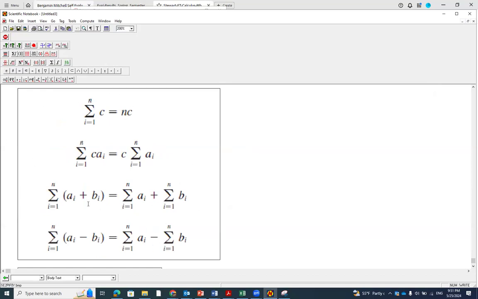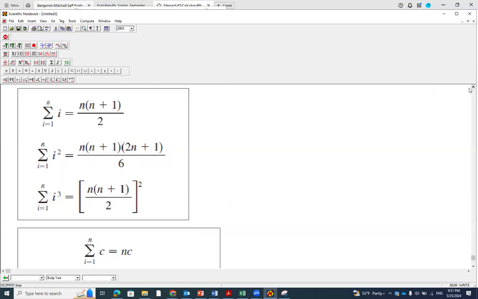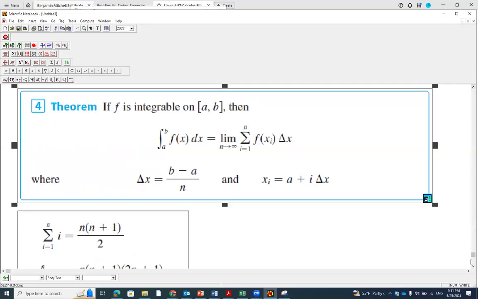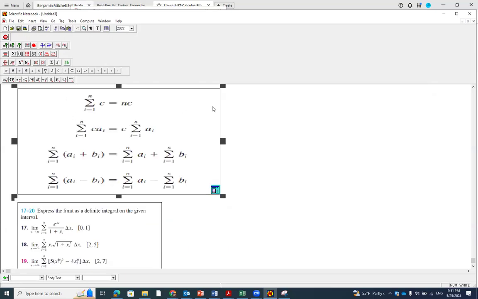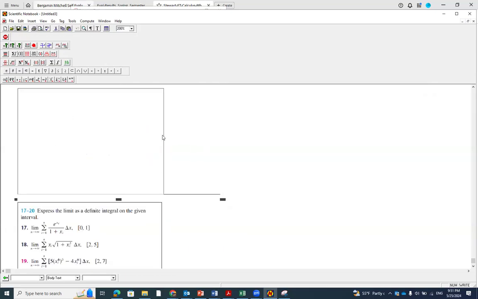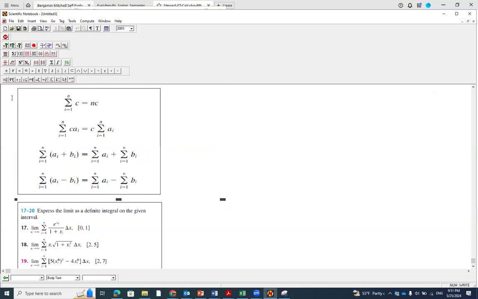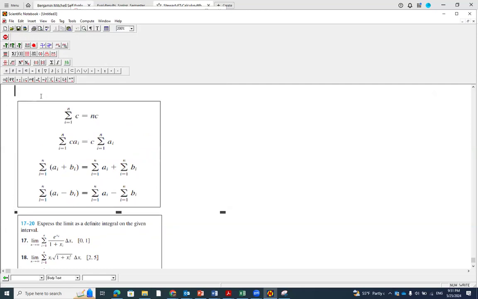Because the definite integral is defined based on summation, and these are the properties. We're going to illustrate all of these, what they mean. The first one, I'm gonna explain to you what that means one by one.